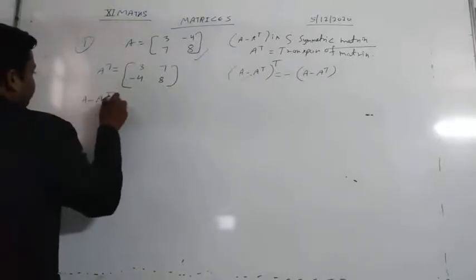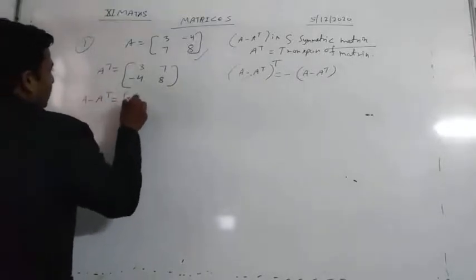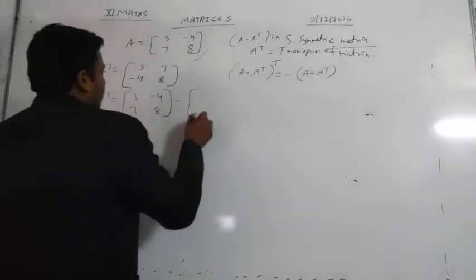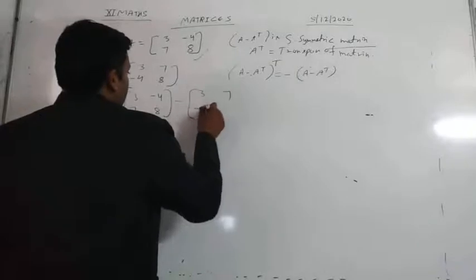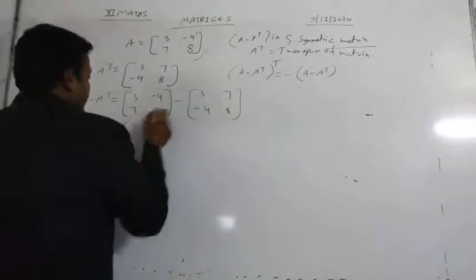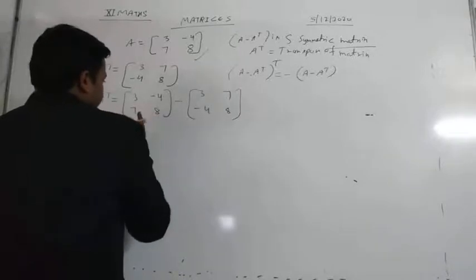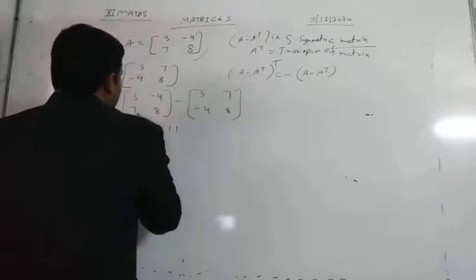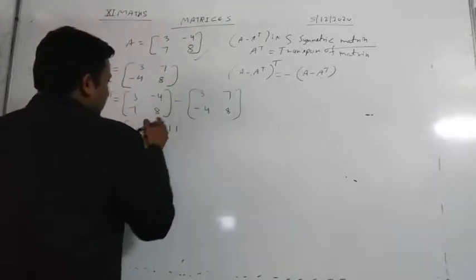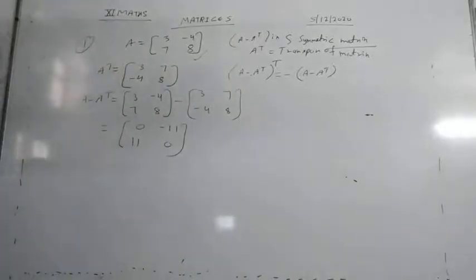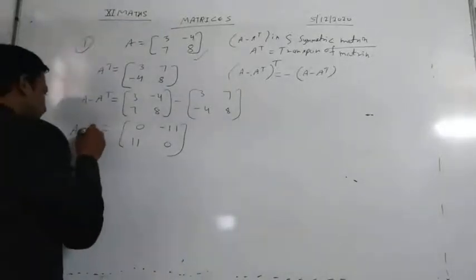A is 3, minus 4, 7, 8, and A transpose is 3, 7, minus 4, 8. Subtracting, we get 3 minus 3 is 0, minus 4 minus 7 is minus 11, 7 minus minus 4 is plus 11, and 8 minus 8 is 0. So we are getting A minus A transpose as this.